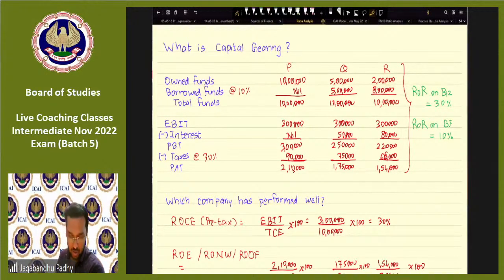When your return on capital employed is higher than your rate of interest, then only it is beneficial. You should have a very high level of return on capital employed, so that you can sustain this high level of gearing or high level of leverage.